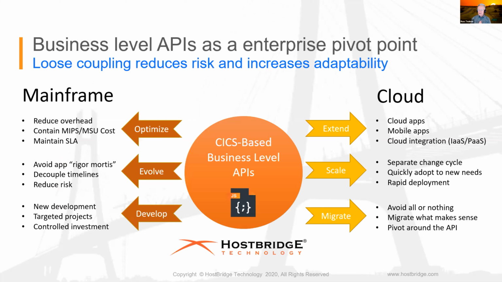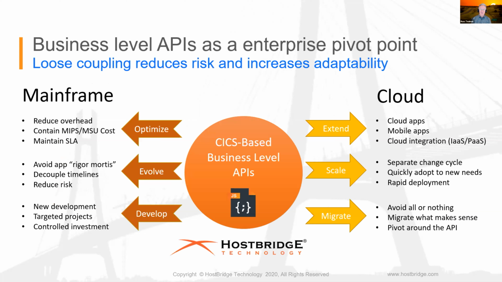Now, this is one of those charts we talk about a lot, but the key point is really on the title. And I won't belabor this because we need to get to James ASAP, but the key point is this: business level APIs create an enterprise pivot point.